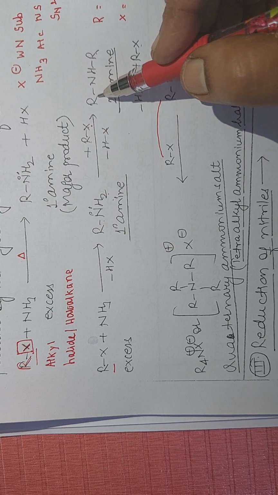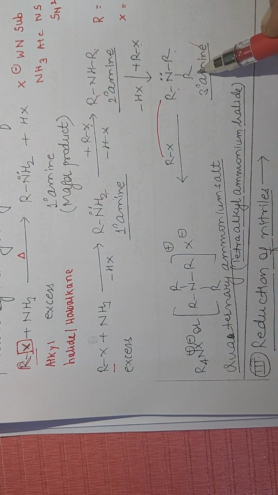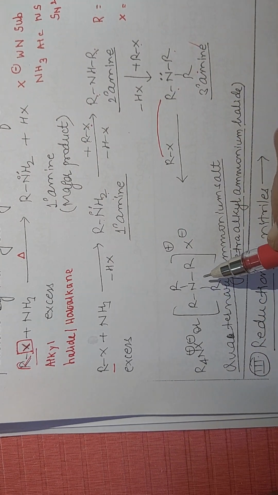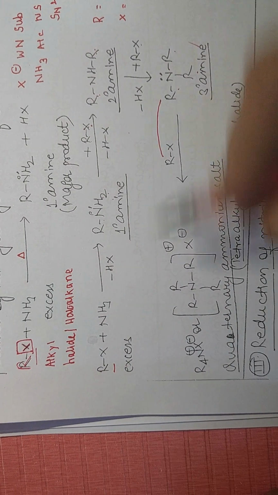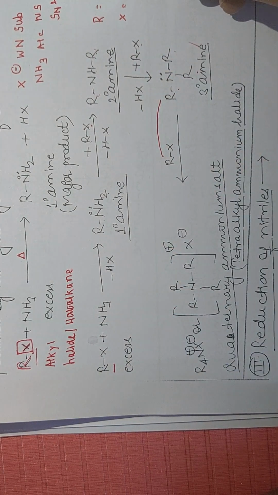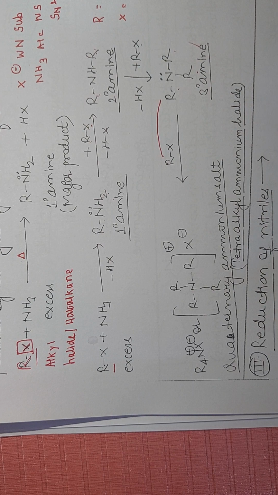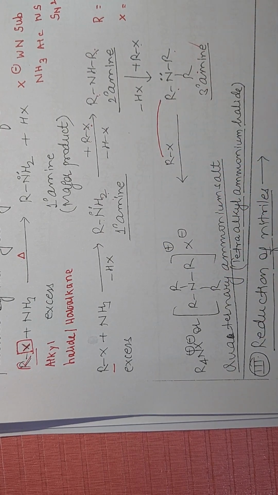This is N-methyl methanamine we will get. N,N-dimethyl methanamine we will get. This is tetramethyl ammonium bromide you will get. So wherever R is there, you substitute CH3, and where X is there, substitute Br. The disadvantage of this method is that a series of amines are obtained. Isolation and separation is quite difficult.